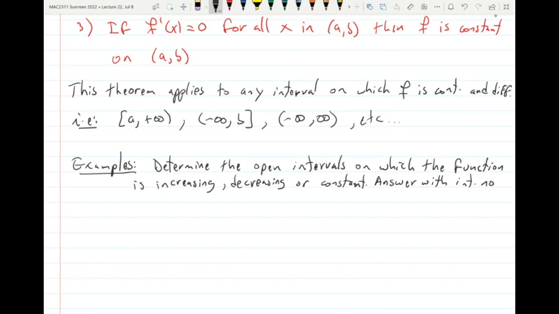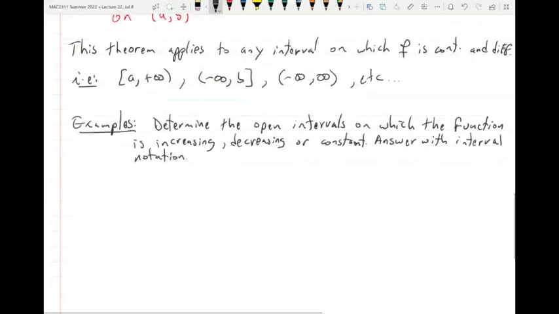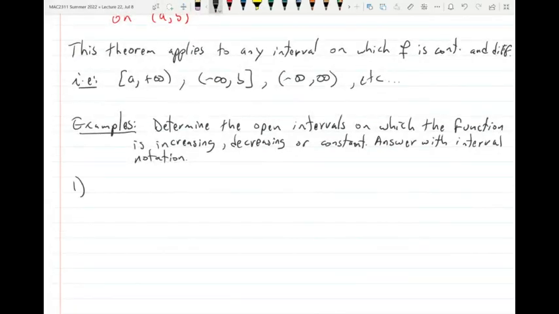Let me write the full word: answer with interval notation.